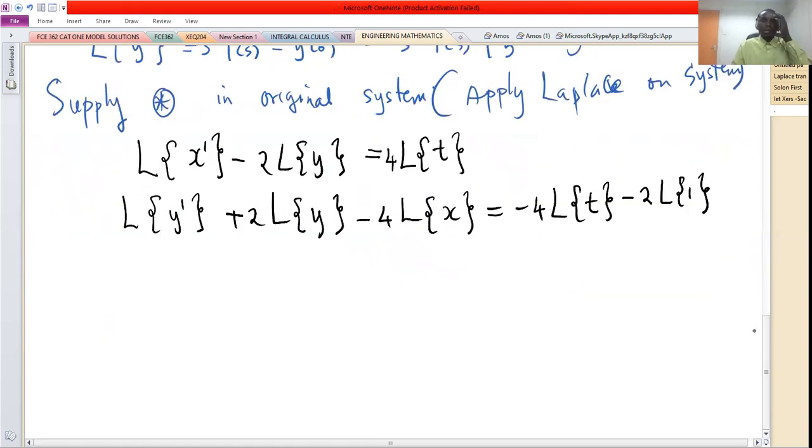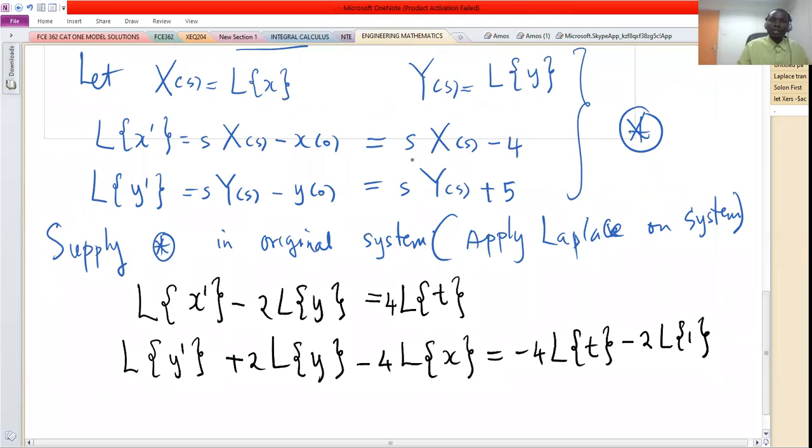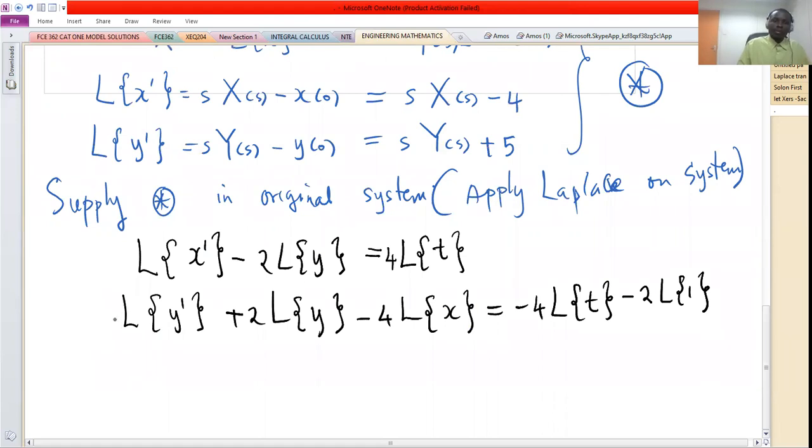This is just applying Laplace on each of the terms in the given system. Now we replace the first one by what we obtained as s X of s minus 4. So we'll have s X of s minus 4 minus 2Y of s equals, since the Laplace transform of t is 1 over s squared, 4 over s squared.